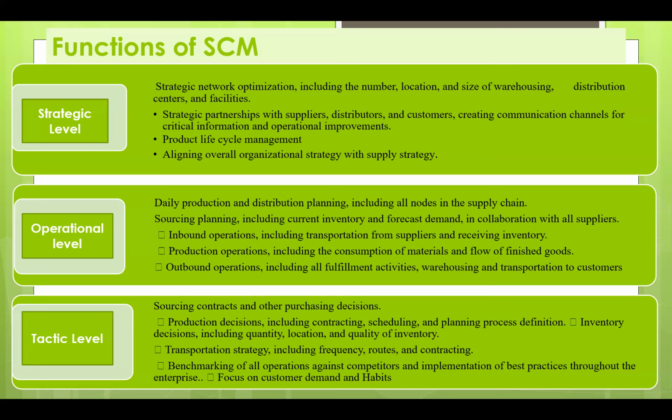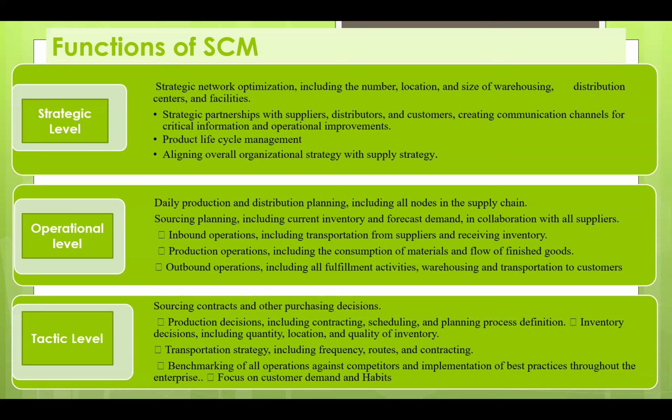Then coming to the tactical level. Tactical level includes sourcing contracts and other purchasing decisions. All the production decisions, including contracting, scheduling, and planning process definition, are done. Then inventory decisions, including quantity, location, and quality of inventory, are done over there.